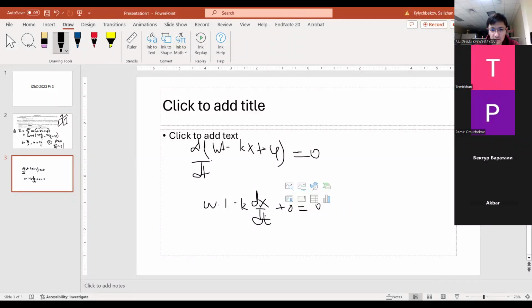So dx over dt, as speed, is the phase velocity. So your phase velocity is equal to omega over k. This is a famous relation.